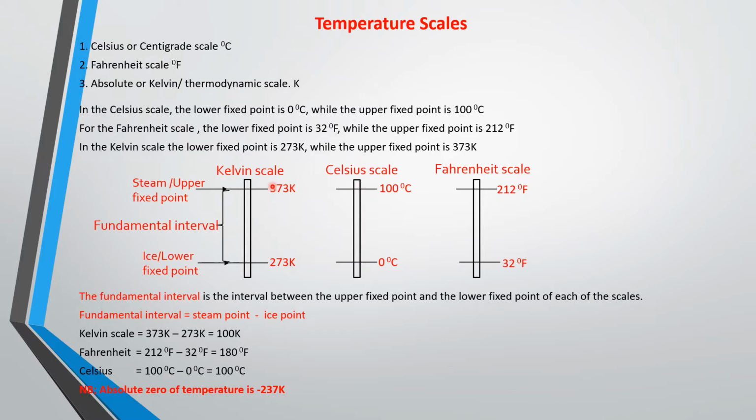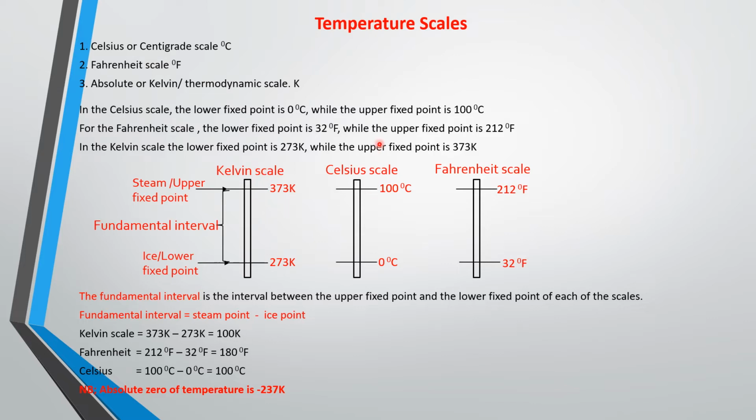Now, the corresponding points on the Fahrenheit scale: the lower fixed point of a Fahrenheit scale is 32 degrees Fahrenheit, while the upper fixed point is 212 degrees Fahrenheit. In the Kelvin scale, the lower fixed point is 273 Kelvin and the upper fixed point is 373 Kelvin.